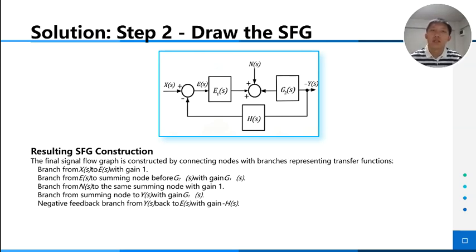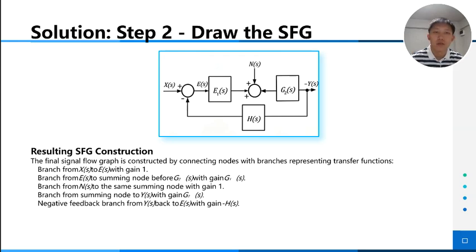Step 2 is to draw the signal flow graph. We connect the nodes based on the signal flow in the block diagram. The forward path from XS to YS goes through G1S and G2S.